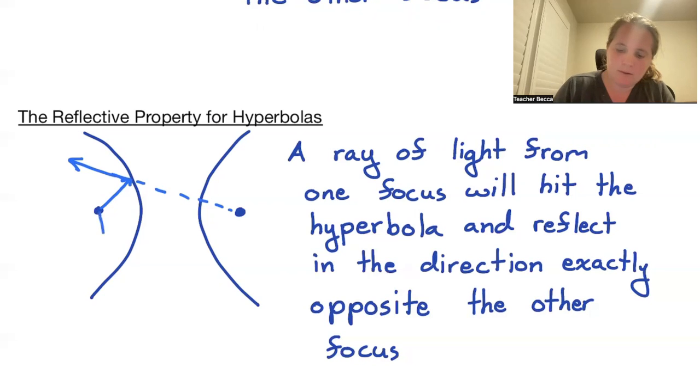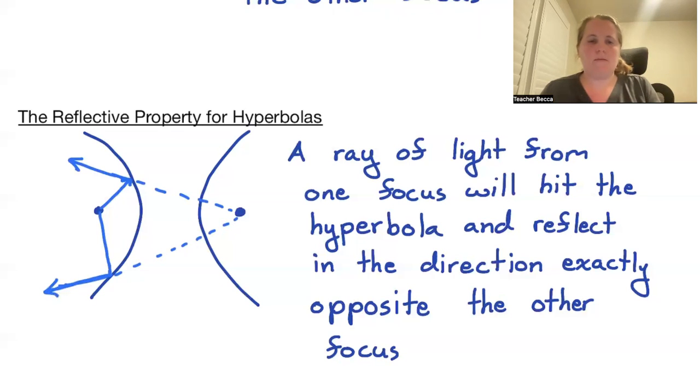All of these can be useful when you're dealing with light, radio waves, sound waves, etc. Again, these are our three reflective properties for our various conic sections.